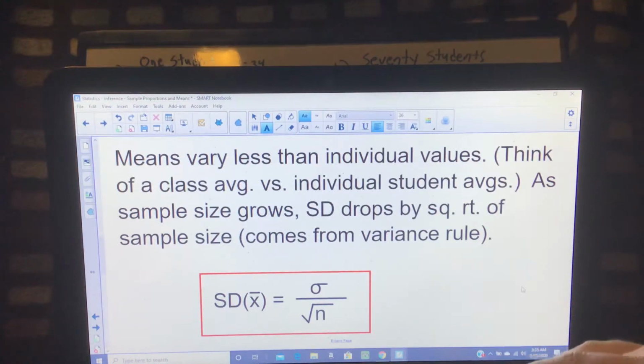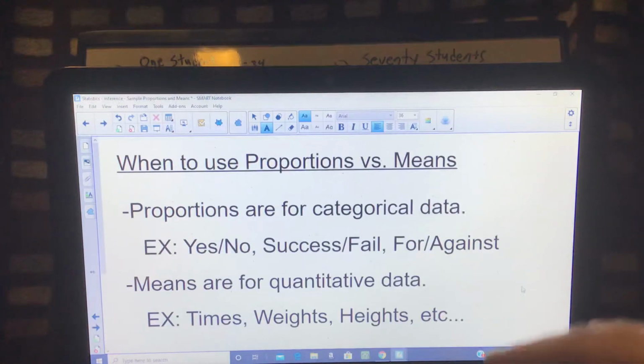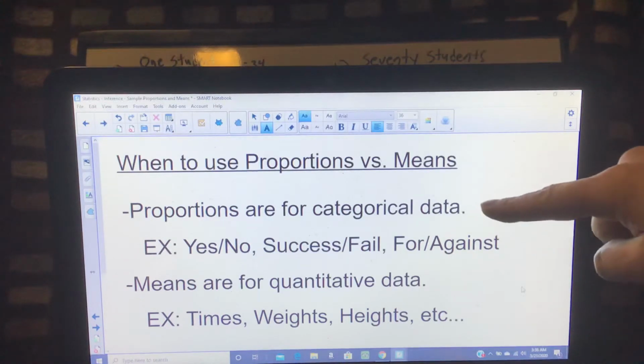So let me show you how to use it. The first thing when using these is being able to separate proportions from means, because we just did a whole big thing on proportions, and now we're going to start doing a thing on means. When you go to do your AP exam, you're going to have to know which one to use. Basically realize that all the stuff we were doing before this was proportions.